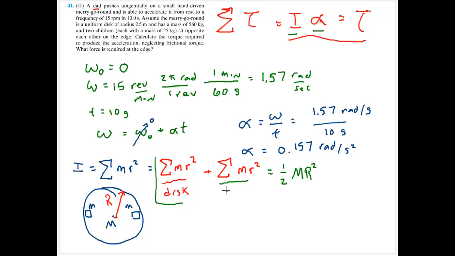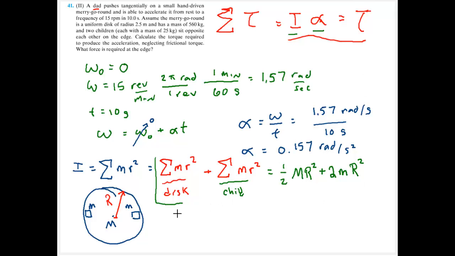Now I can treat the children separately. I know that I'm going to have two children, each at radius big R away from the center of the merry-go-round, and each with mass m. So I'm going to have two children with mass m located at a distance r away from the merry-go-round.